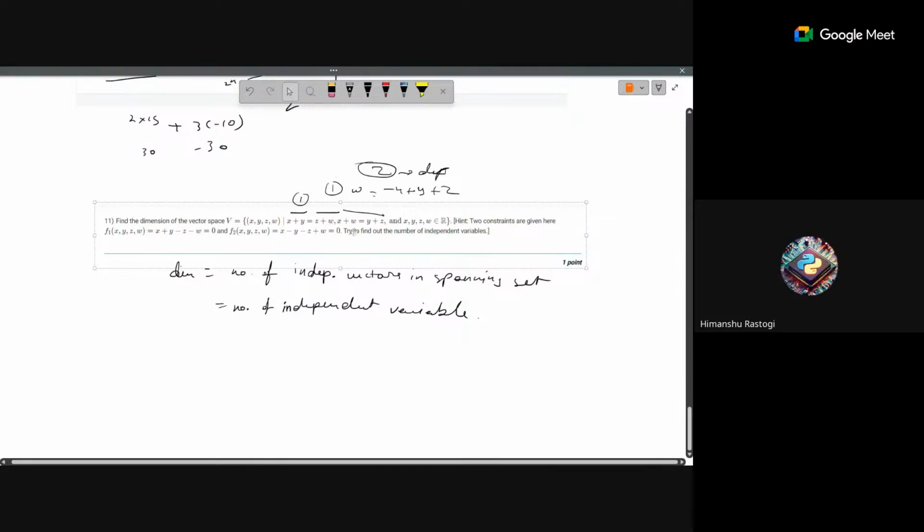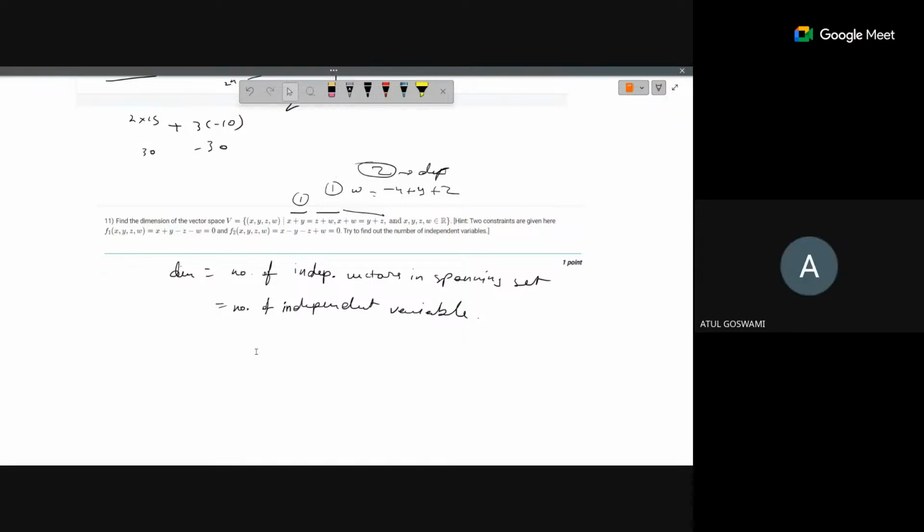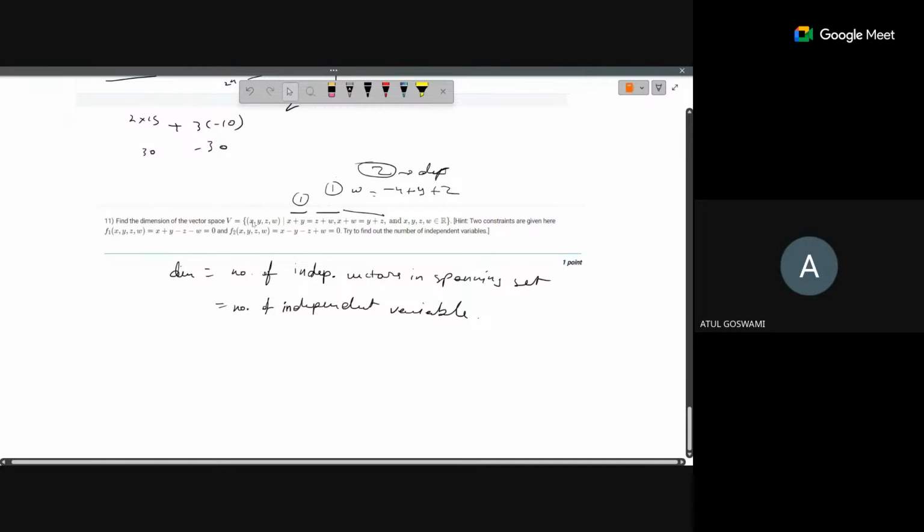So what is the terminology related to that? I understood. 4 is the dimension of this vector only, not the vector space. Any vector in V is of 4 dimension, suppose in R4.